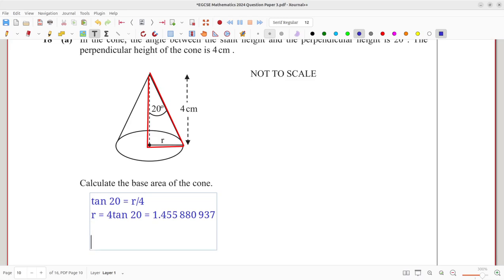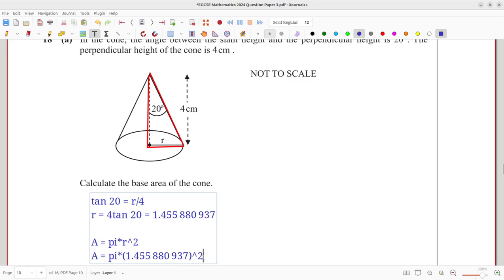Then, since I'm looking for the area of a circle is equals to pi r squared, so the area is equals to pi multiplied by this one all squared.